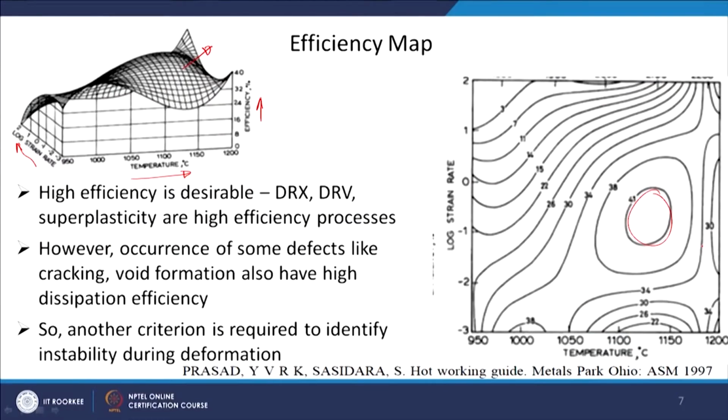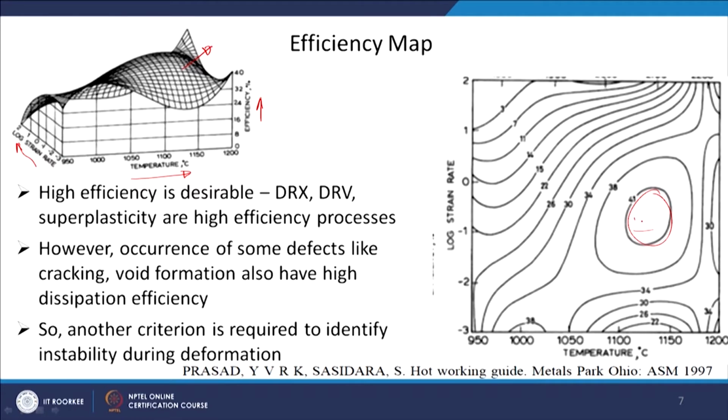So, not all energy will go in microstructural change, some energy may also go in creation of these defects, which are also high efficiency. Okay. So, just simply looking at an efficiency map and saying that this is my high efficiency, that means all the good processes may be taking place, may not be true sometimes, because other defects which are produced in the material also have high efficiency. So, it may be possible that the defects are occurring in the high efficiency region.